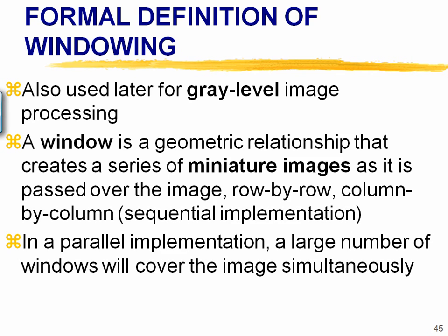You're doing one pixel at a time across the entire image. If you wanted to do this in a parallel fashion, certainly feasible. The only thing is you would have to define windows enough to cover the entire image and run them in parallel. Okay? Now, the end product would be identical under parallel operation or sequential operation.